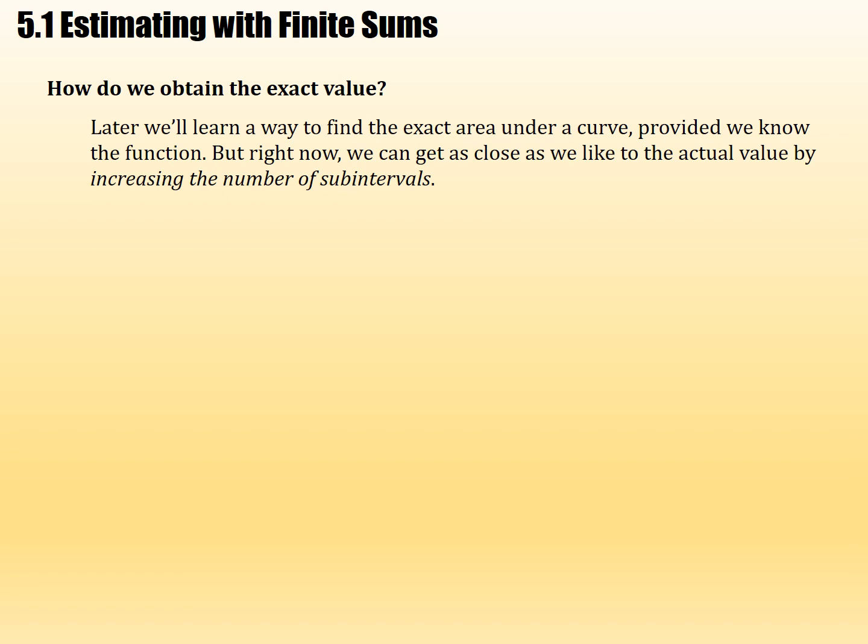Well, what if I don't have an algebraic expression for the function? Or what if it's just heinous? It's so awful, and maybe just an approximation is all I need. As long as my approximation is decent enough and I can figure out my error, then the approximation might be the more efficient way to handle the problem. So that's why you're going to be taught and tested on estimating even after you know how to find the exact area under the curve.